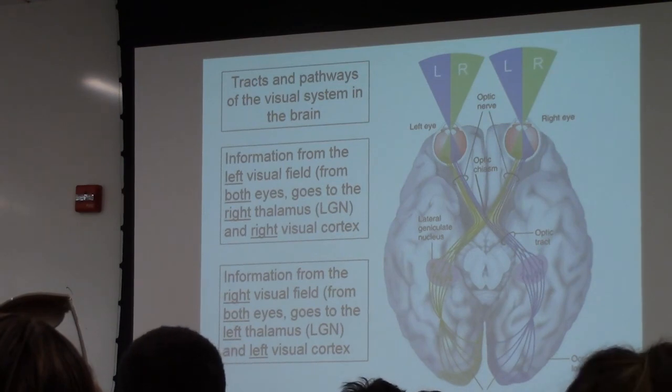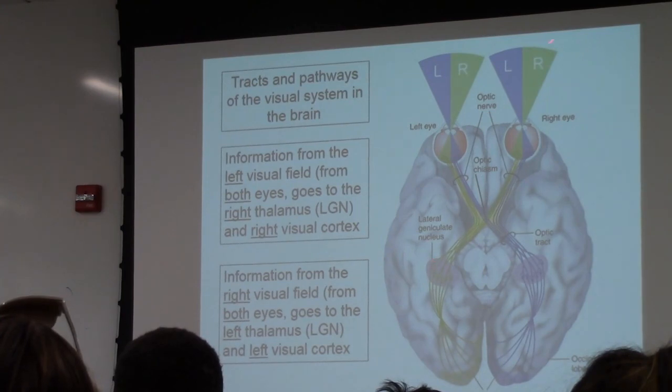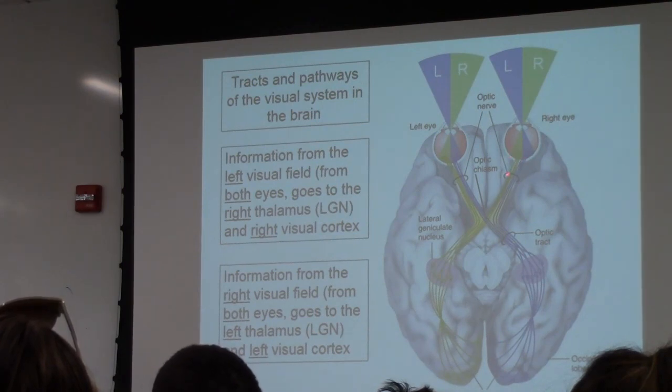So the right visual field is projected onto the lateral left retina, and those axons do not cross over. The right visual field is projected onto the medial retina of the right eye, and those axons do.